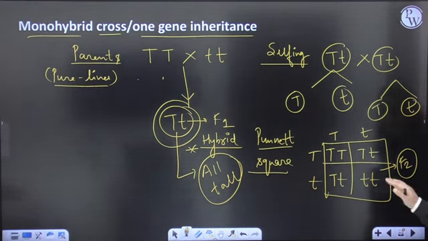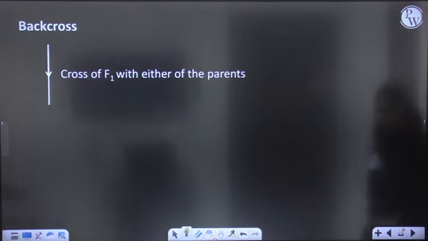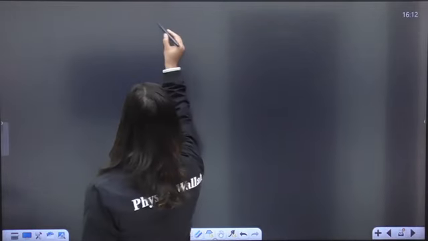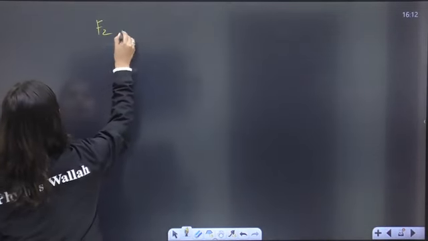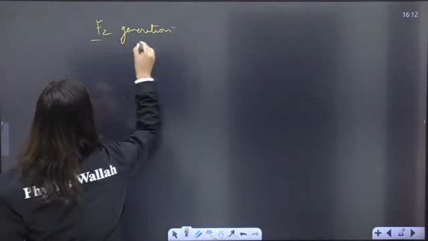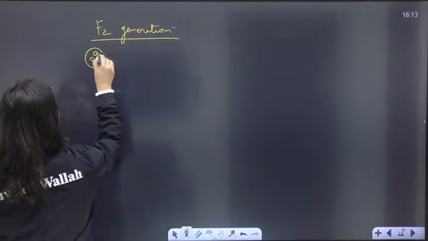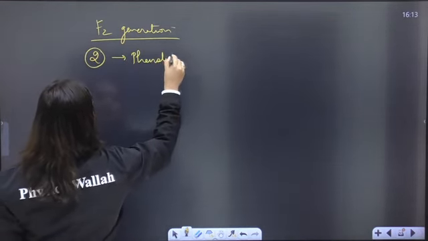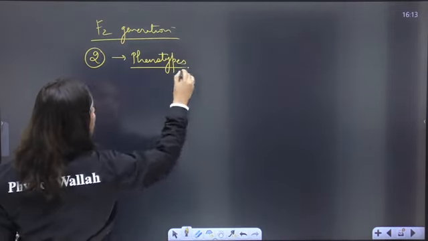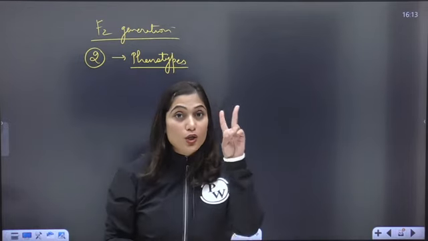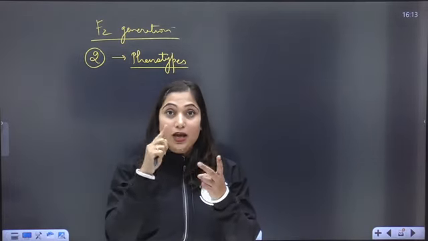Now what you can see here, beta, is that we have two types of phenotypes in the F2 generation. In the F1 generation, there was only one phenotype, that is tallness. But in the F2 generation, there are two phenotypes, tall and dwarf.